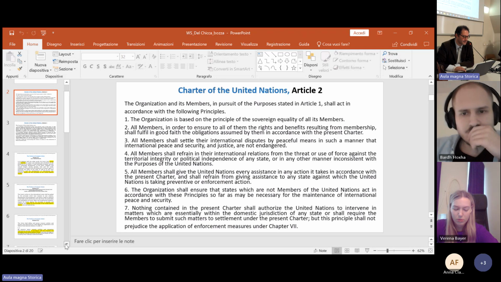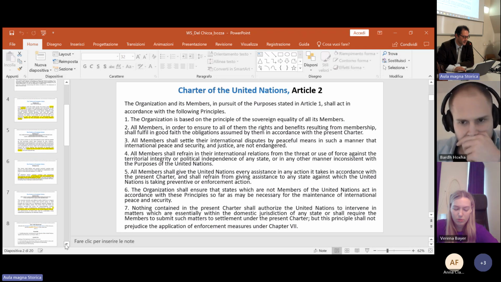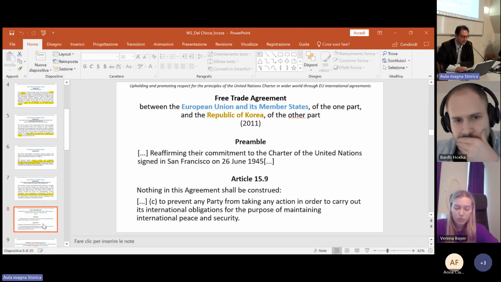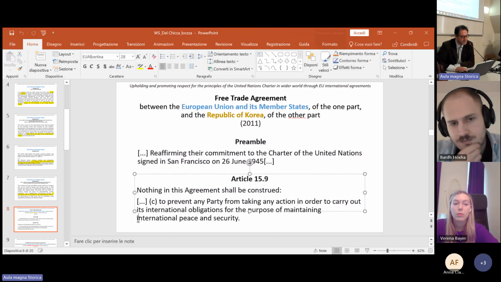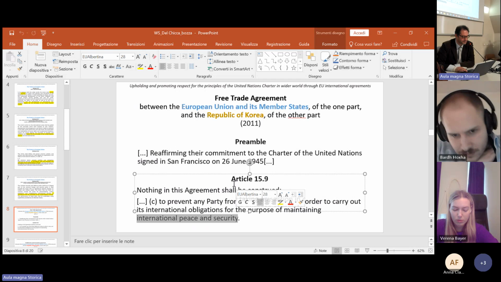And we find such principles in this Article 15.9 of the Free Trade Agreement between the European Union and its member states and the Republic of Korea, because it says that nothing in this agreement shall be construed to prevent any party from taking any action in order to carry out its international obligations for the purpose of maintaining international peace and security. Okay.